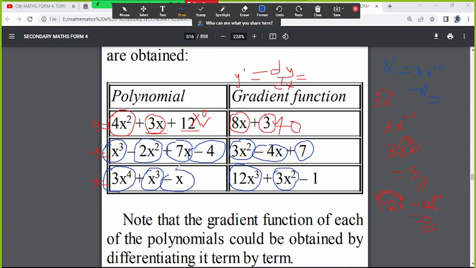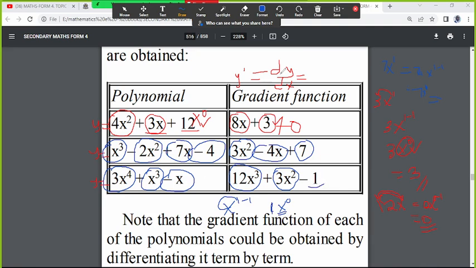Differentiating x, it becomes 1. We can illustrate it: it is x to the power of 1. Multiply by 1, and 1 minus 1 gives 0. Anything to the power of 0 is always 1. So x times 1 gives us 1.